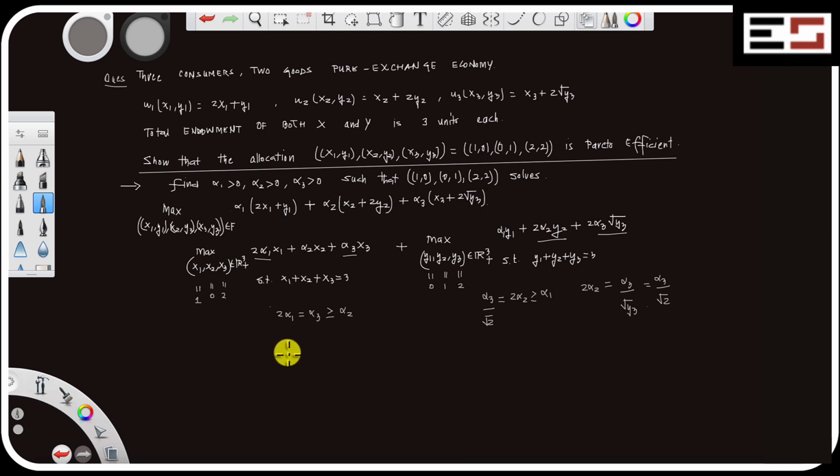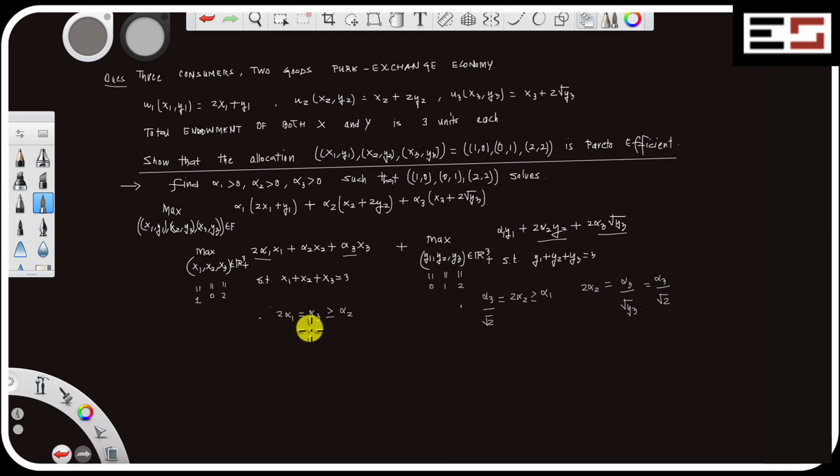In fact, it turns out that any alpha 1, alpha 2, alpha 3 that respects these two sets of equalities and inequalities will be acceptable. Okay, so let's figure that out.